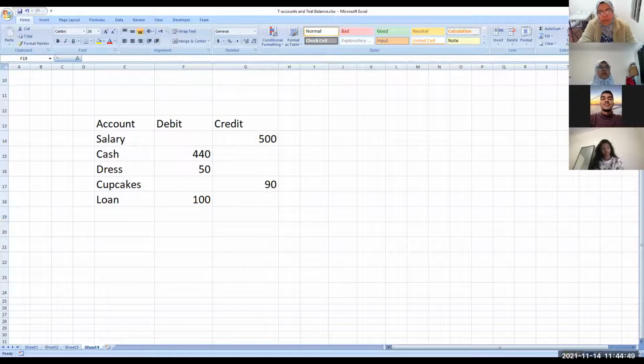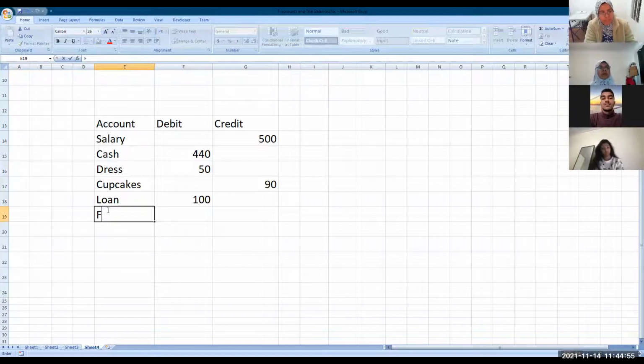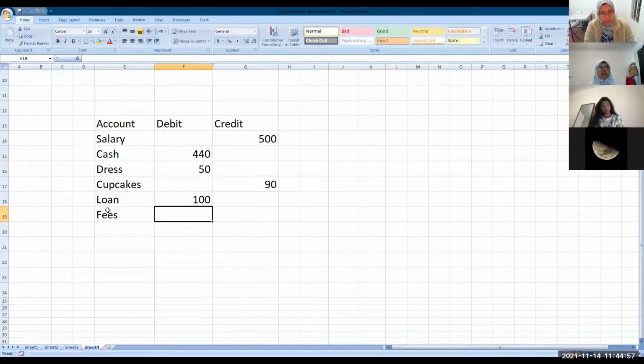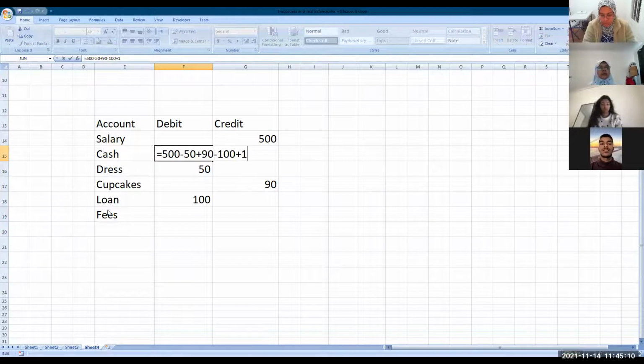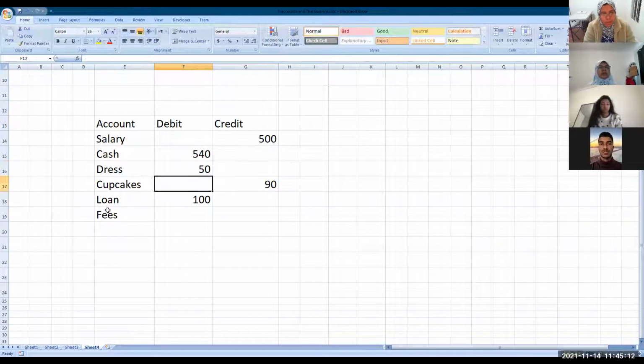And then I borrowed 200 from my friend for paying my fees. I borrowed, so we received cash, and our loan also increased.